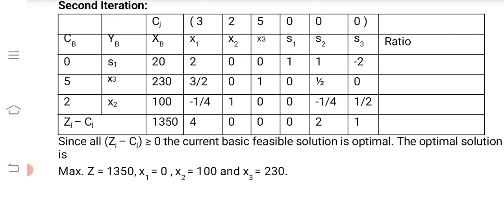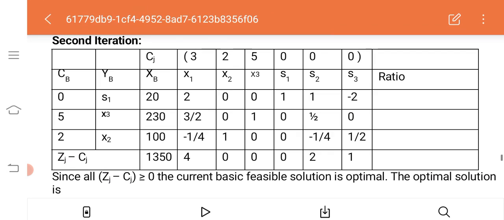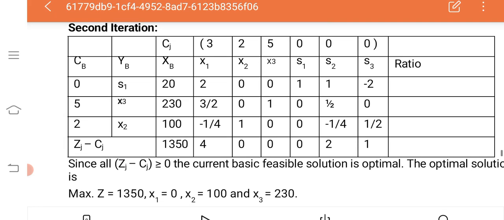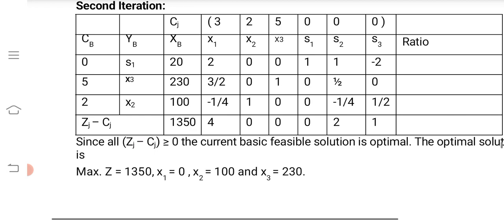For the x1, x2 values, in the yb column s1, x3, x2 are given. x1 is not given, so the x1 value is 0. For x2 the corresponding xb value is 100, so x2 equals 100, and x3 equals 230. So these are the values. Thank you.